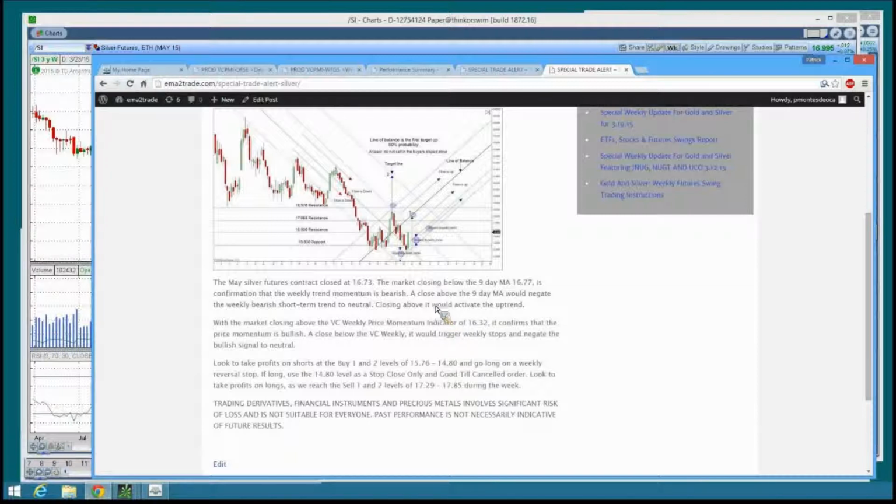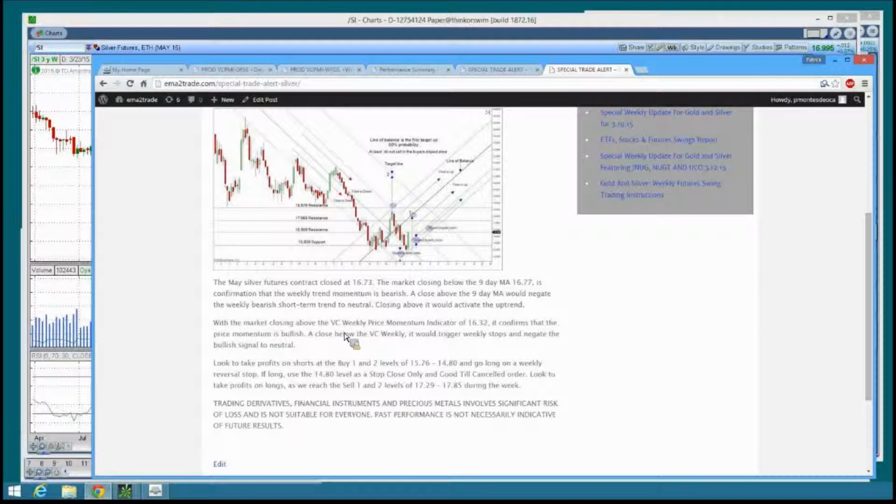In this case, a close above it on a daily basis during the week would activate the uptrend. The close above it on a weekly basis would activate the intermediate to longer term uptrend.